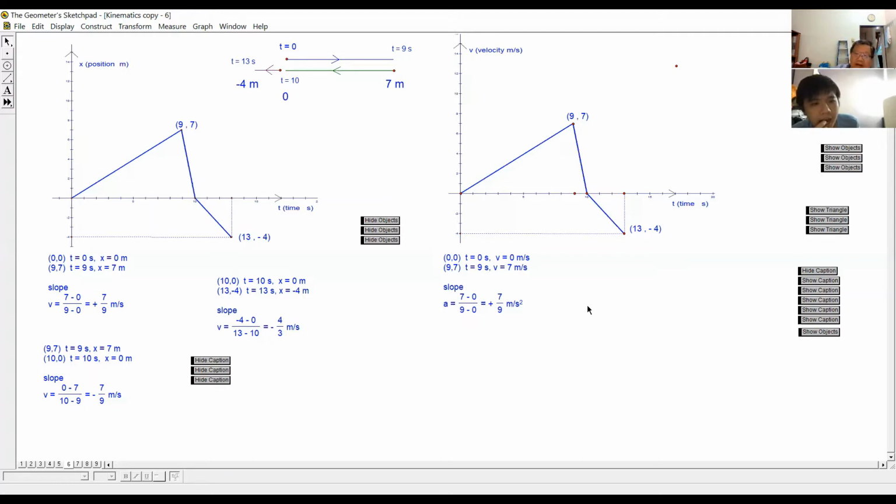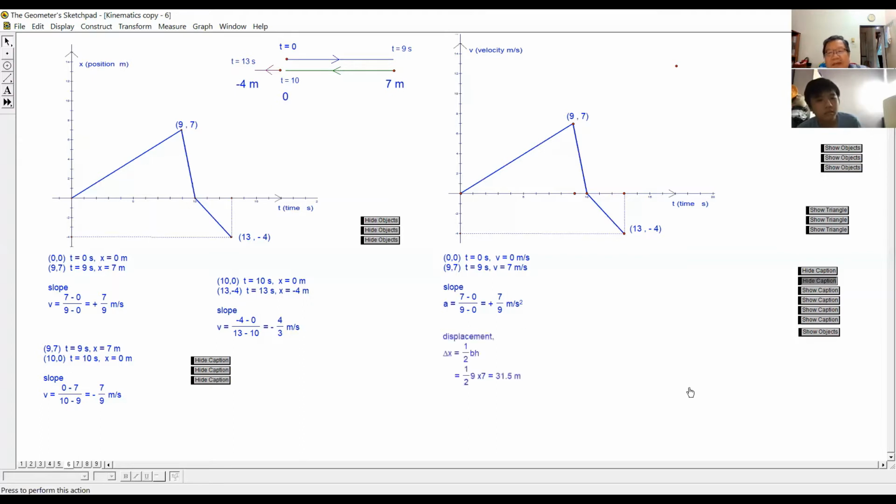What is that fixed rate? Every second they increase by 7 over 9. That is how we describe the motion of the object. We don't know anything about the position.